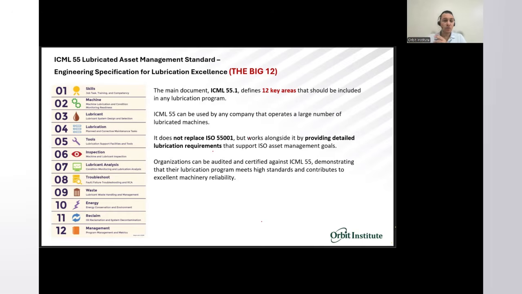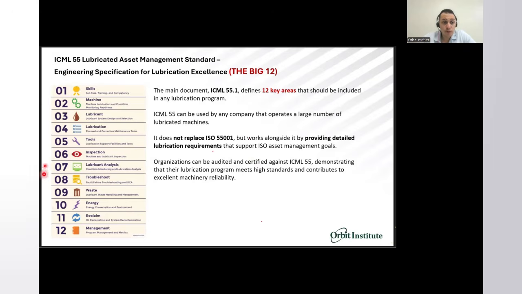So the organization can be audited and certified against ICML 55, demonstrating that their lubrication program meets the highest standards in machinery lubrication excellence or contributes to excellent machinery reliability.